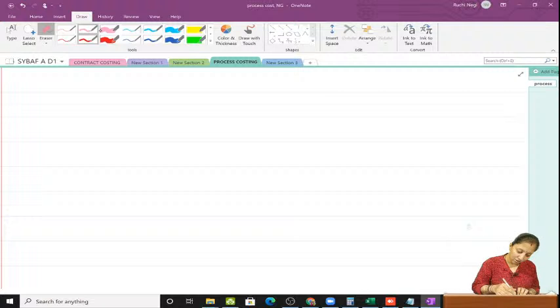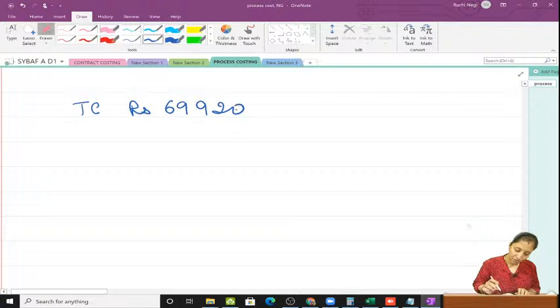Now one small question I will give for you to solve. Just try this sum, students. Total cost is rupees 69,920. It's a very nice sum, a little challenging. Scrap value of normal loss is rupees 1520.